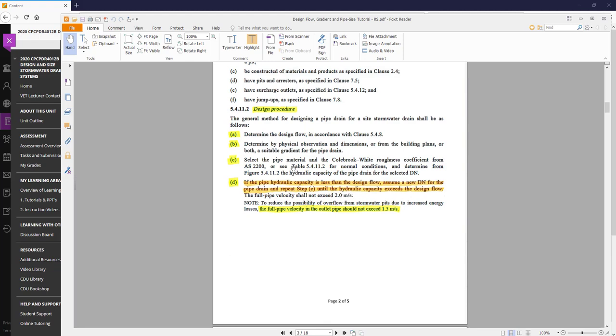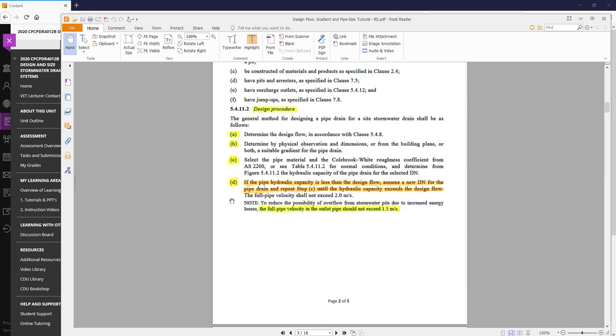That's great, except when we read the note underneath, which is very important: to reduce the possibility of overflow of stormwater pits due to increased energy losses, the full pipe velocity in the outlet pipe should not exceed 1.5 meters a second. So we've got to design the system so it doesn't exceed 1.5, and that's our safety margin when it comes to the pits.